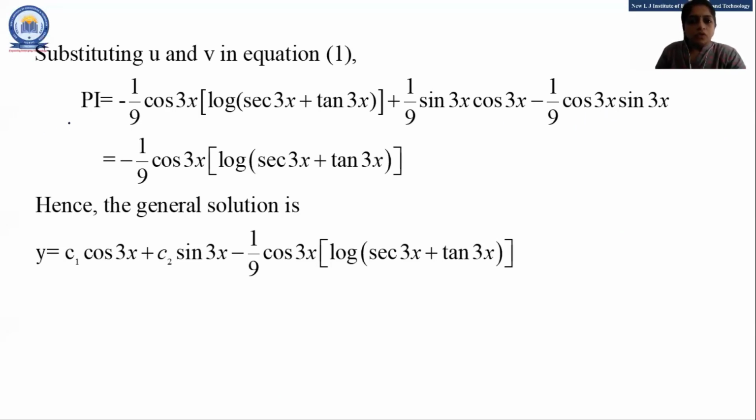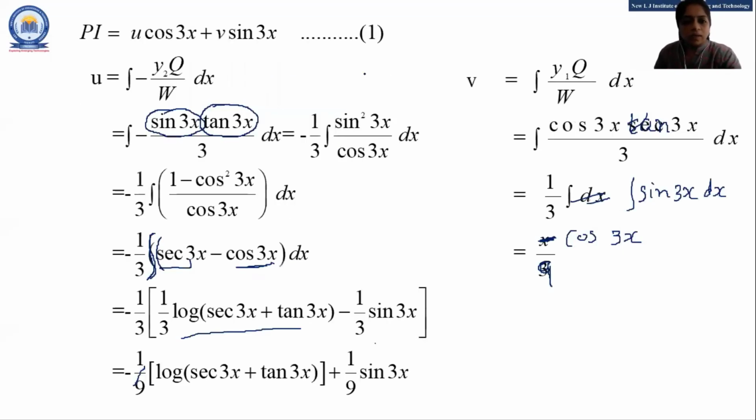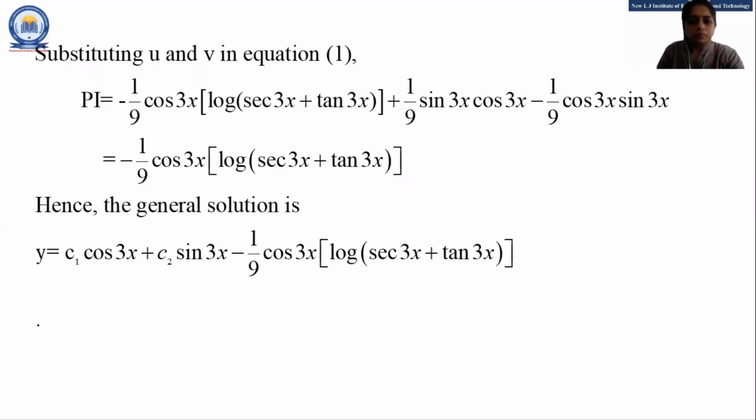So substituting the values of u and v. This is the value of u: minus 1 by 9 log sec 3x plus tan 3x plus 1 by 9 sin 3x. I have to multiply this whole value with cos 3x, so this is minus 1 by 9 log sec 3x plus tan 3x into cos 3x, and similarly 1 by 9 sin 3x into cos 3x.